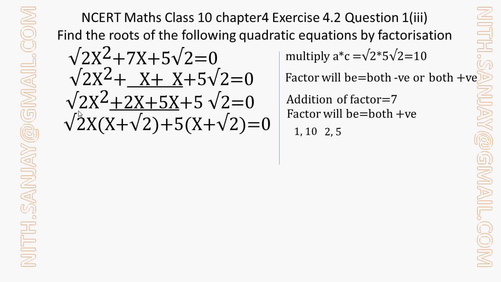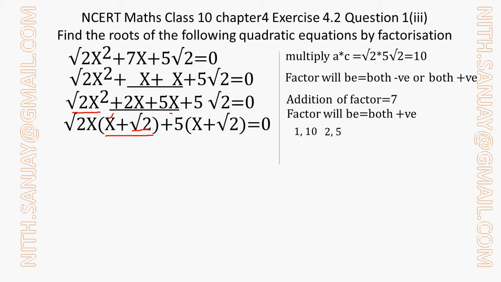I have taken root 2x common from the first two terms, so I am left with x plus 2. Why? Because if I take root 2 common from root 2x square, I will be left with x, and if I take root 2x common from 2x, I will be left with root 2.